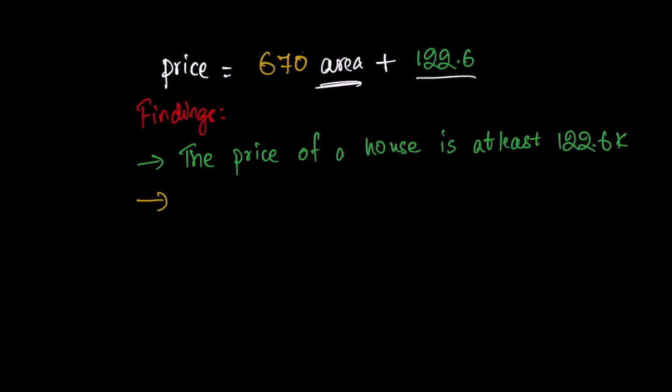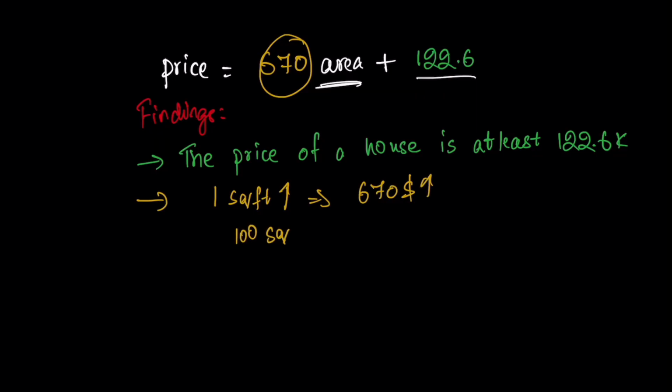Apart from that, when we look at the coefficient term, we can say that on top of the base value of 122.6K, for every 1 square foot increase in area, the price of the house increases by $670. Which means every 100 square feet increase would contribute $67,000 to the price of the house.